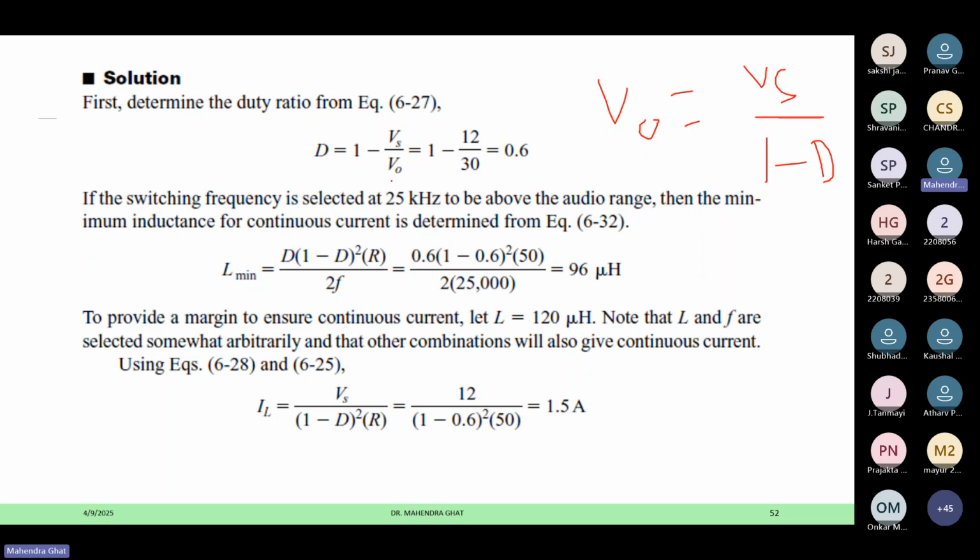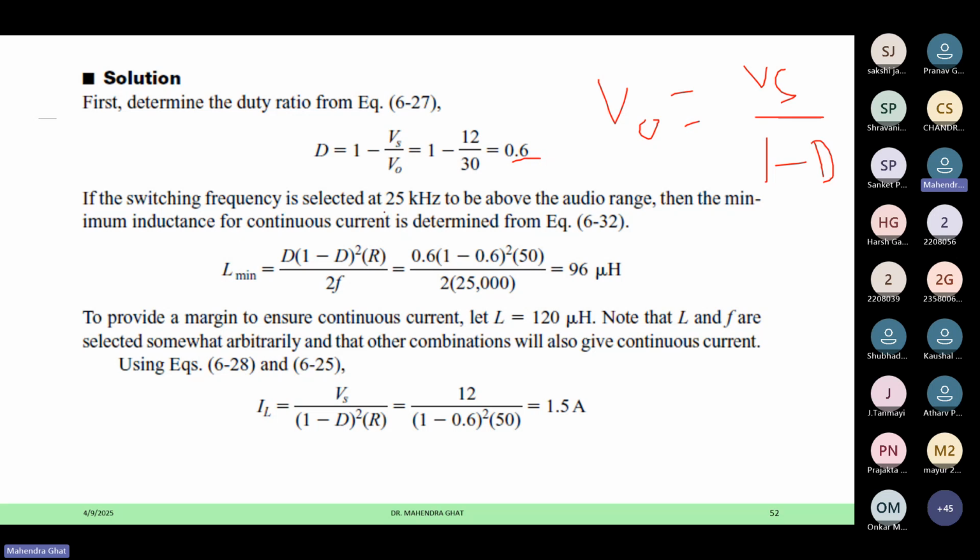So 1 minus Vs by VO, Vs is 12, VO is 30. So this is giving 0.4. 1 minus 0.4 will give 0.6. So the duty requirement is 0.6.